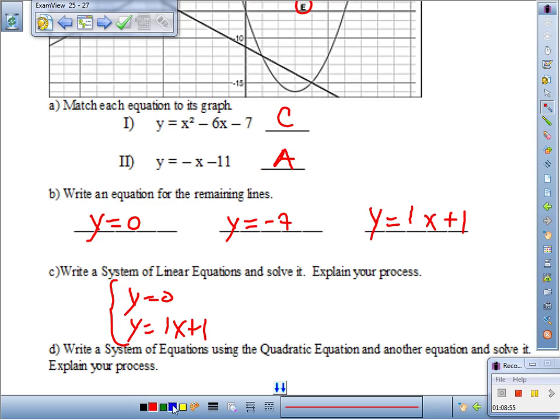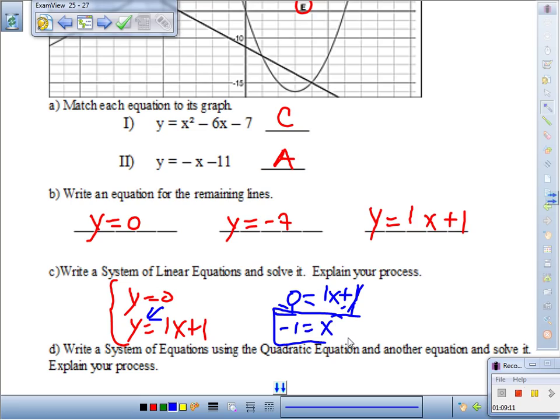So if I was to substitute, use substitution, instead of y, what do I write? So it's 0 equals 1x plus 1, minus 1, minus 1. Negative 1 equals x. So we're done with x. We just need to solve for y. What is y?